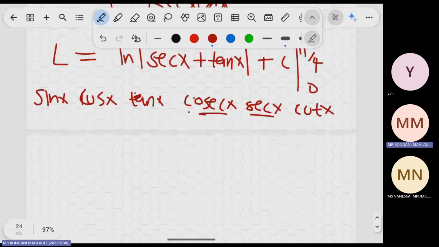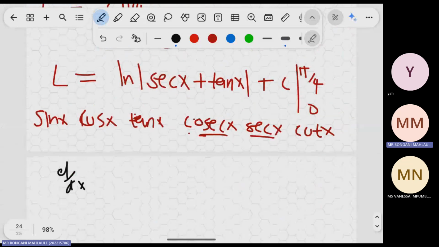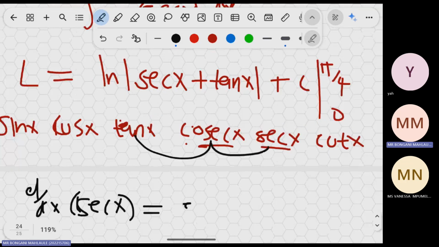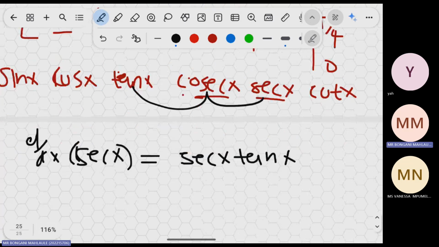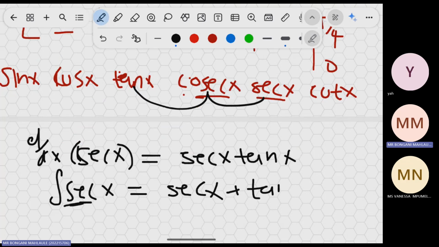So let me do this. Remember the derivative of sec x is sec x tan x. So the integral of sec x, you just put positive in between, since it starts with s, plus c.